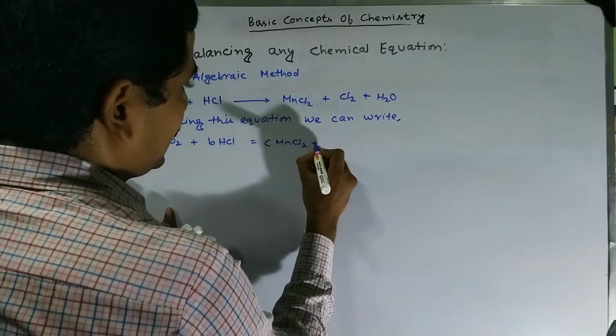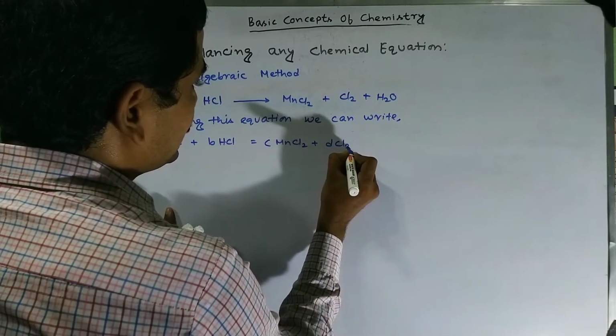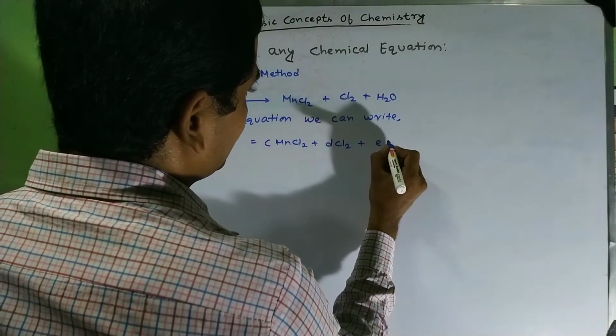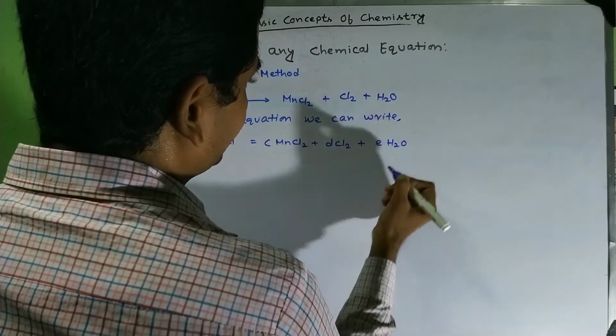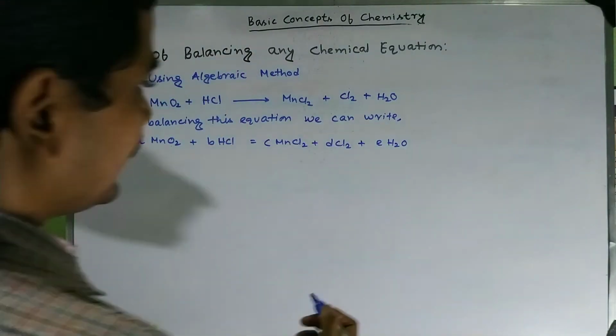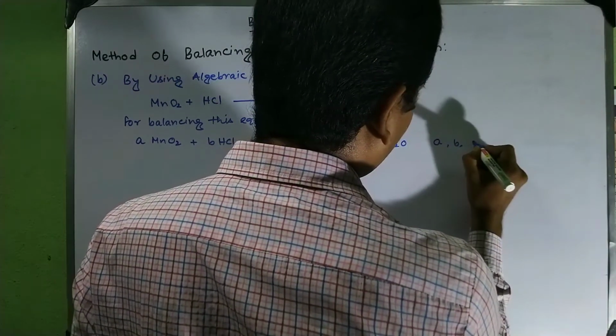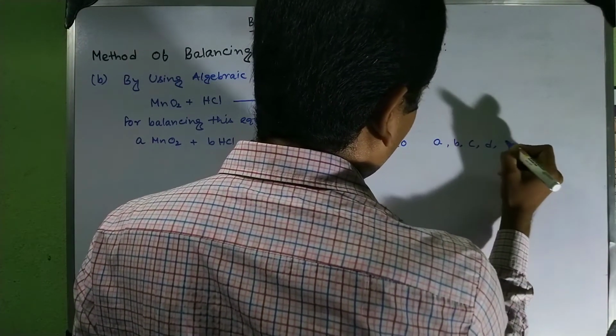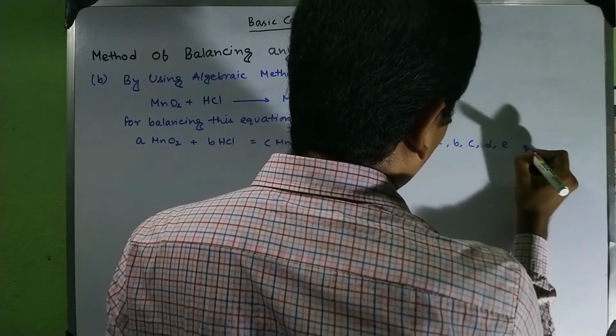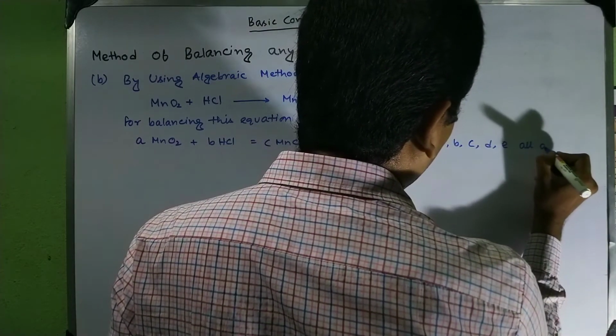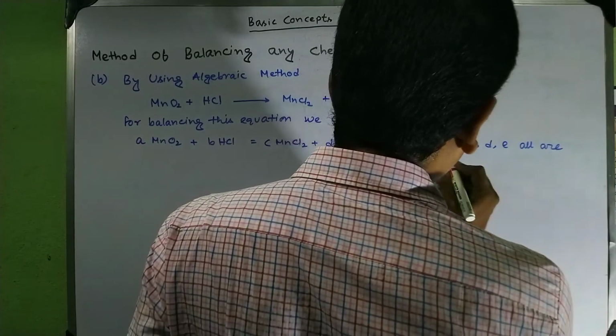C MnCl2 plus D Cl2 plus E H2O. Okay, here A, B, C, D, E all are integer numbers.